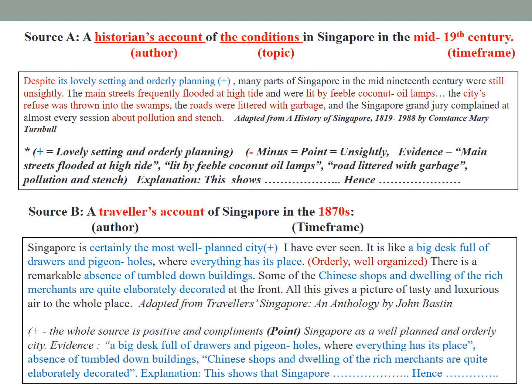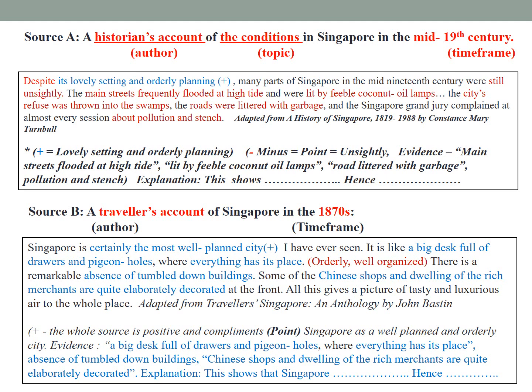The point is Singapore is unsightly and polluted, and the evidence is copied from the source: main streets flooded at high tide, lit by feeble coconut oil lamps, road littered with garbage, pollution and stench. This is all evidence that tells us that this is a negative picture of Singapore in the mid-19th century.